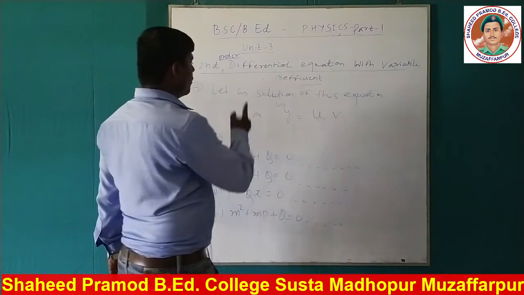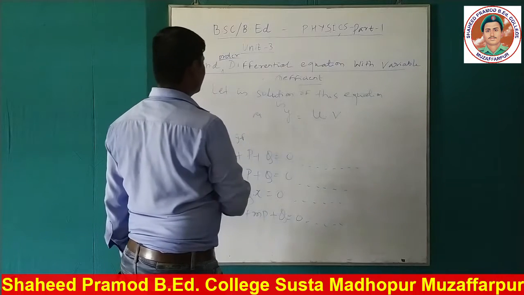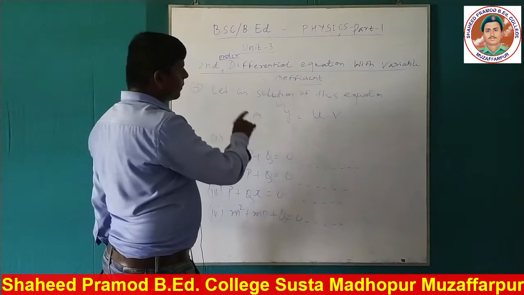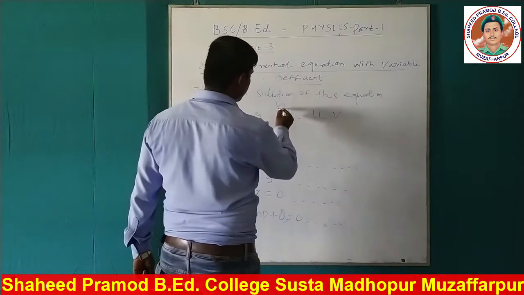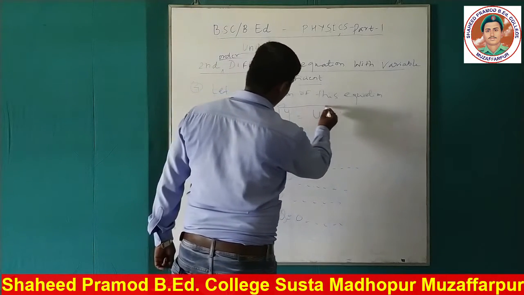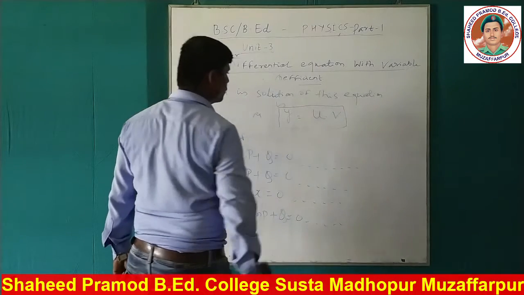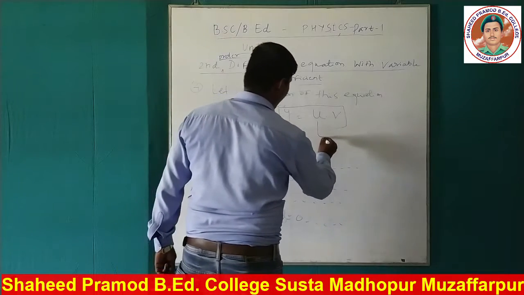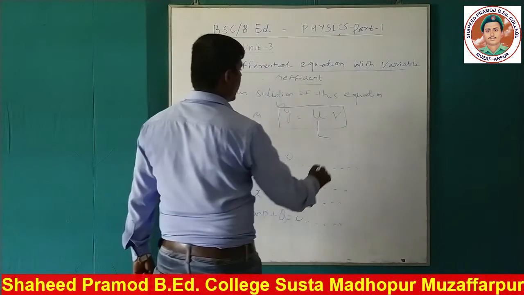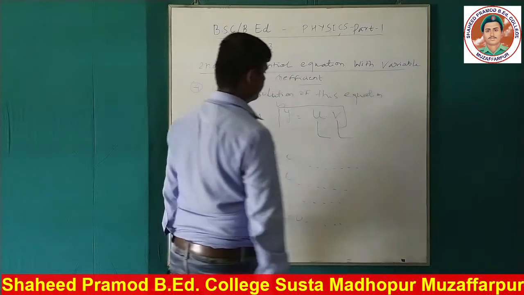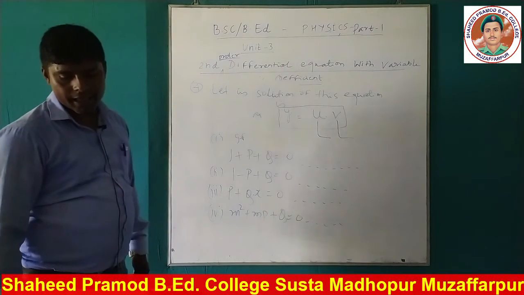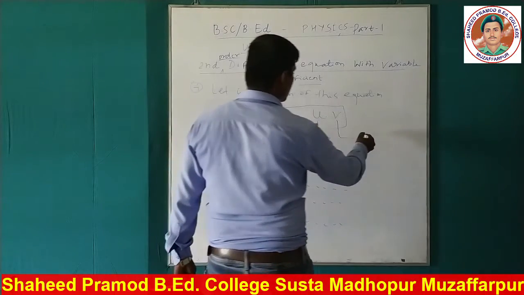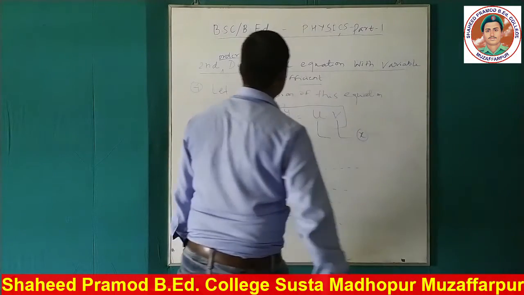So if you have to solve this differential equation, so earlier we have considered that suppose the solution of this equation is u into v, so you have to find out the value of u and value of v, and that will be the function of x only.